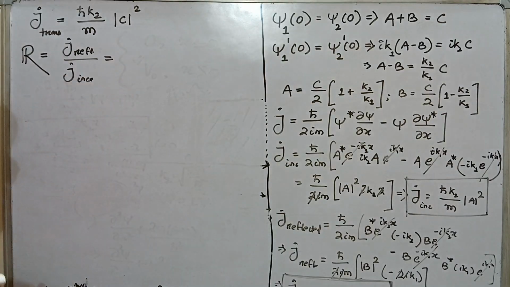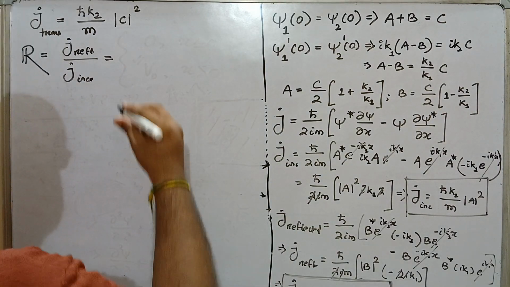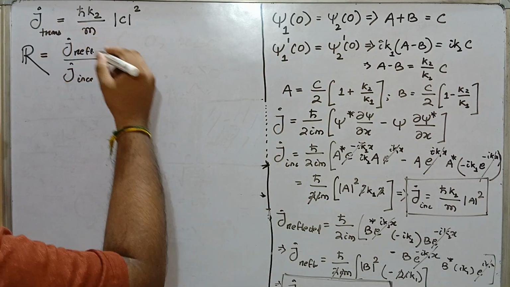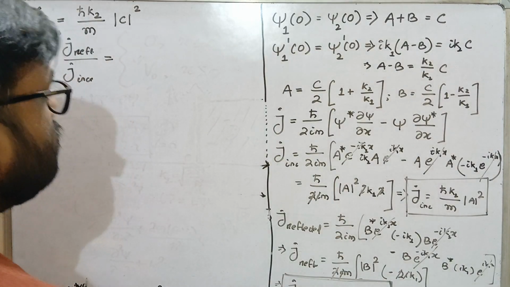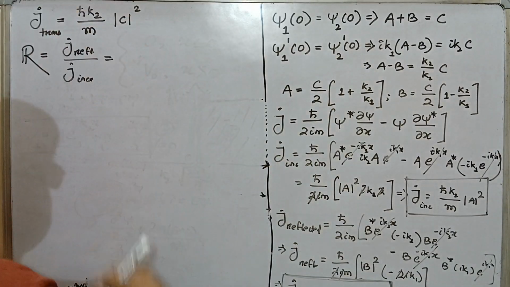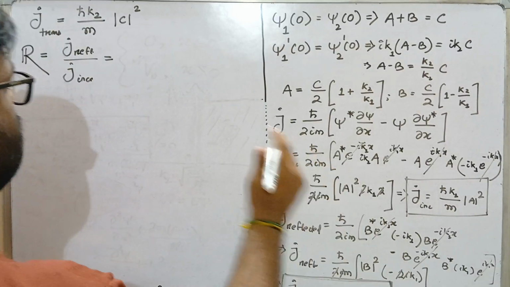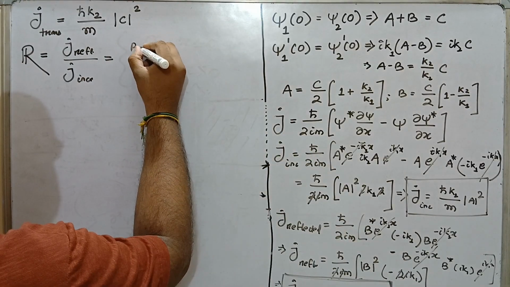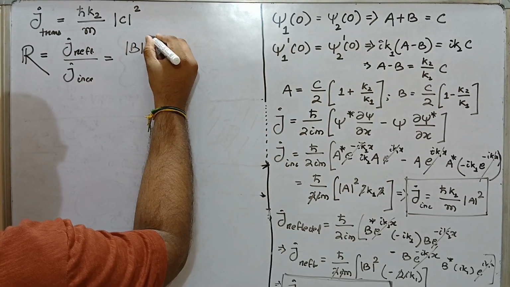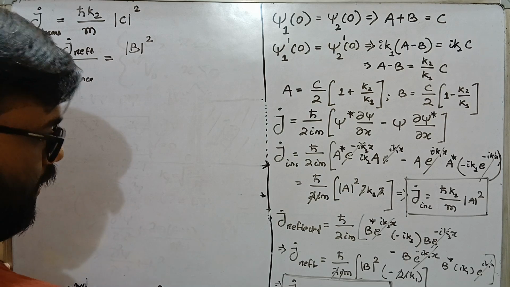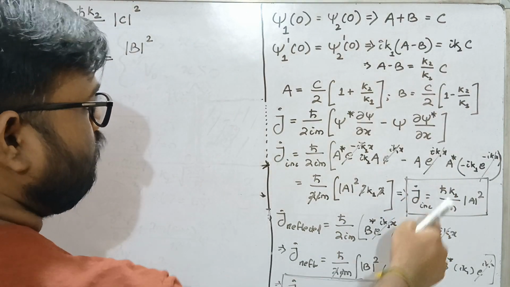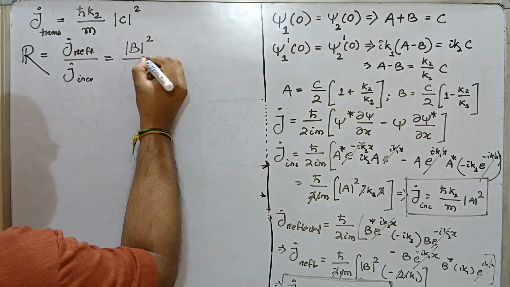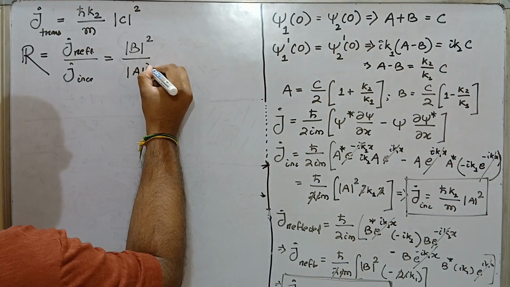Now when we do this, what will we find? When we calculate it, we take the mod of it. So we will find that ħk1/m will cancel, and we will get B square by A square.